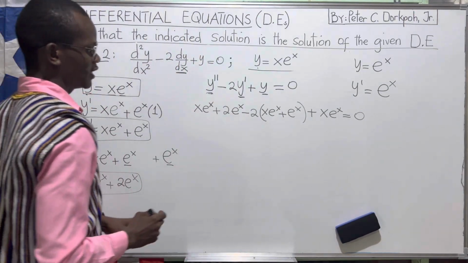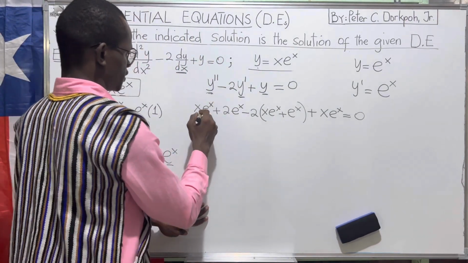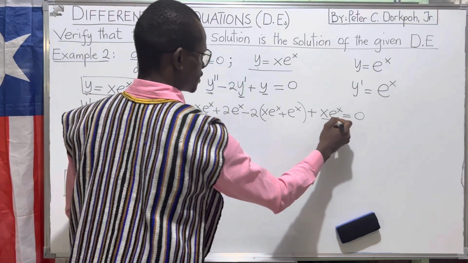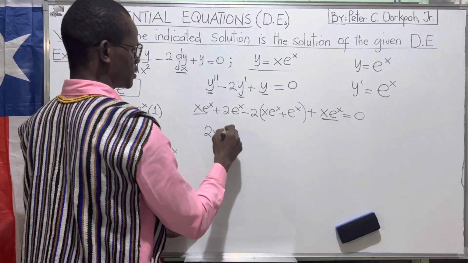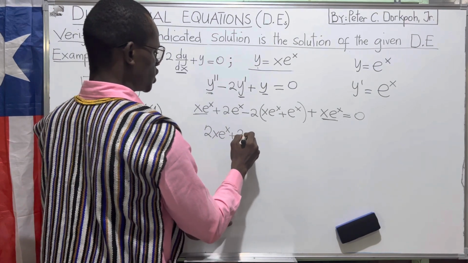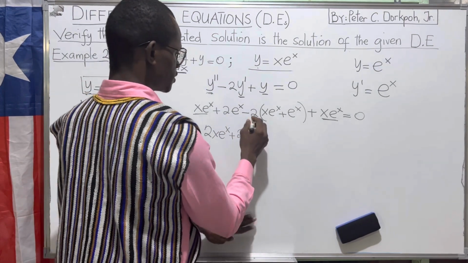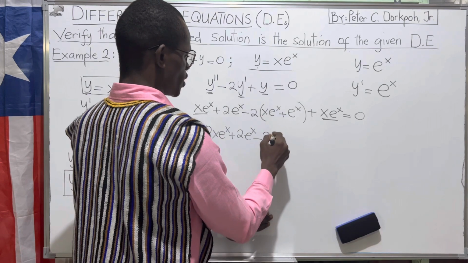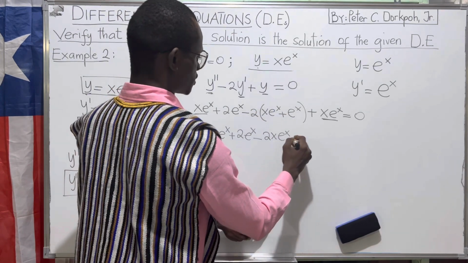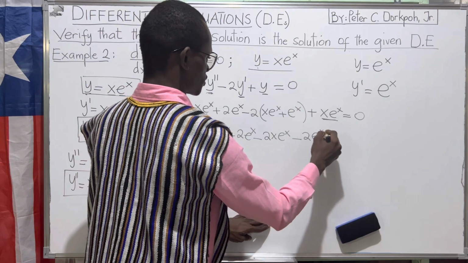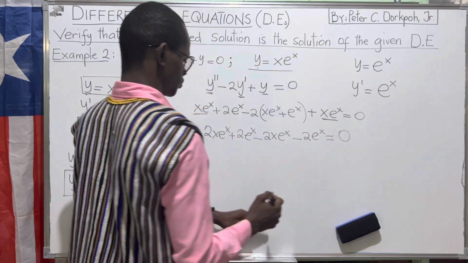So we simplify. This is x e raised to the power x and x e raised to the power x, so this gives us 2x e raised to the power x plus 2 e raised to the power x, minus 2 times this is 2x e raised to the power x, and then 2 times e raised to the power x is minus 2 e raised to the power x, all equals 0.